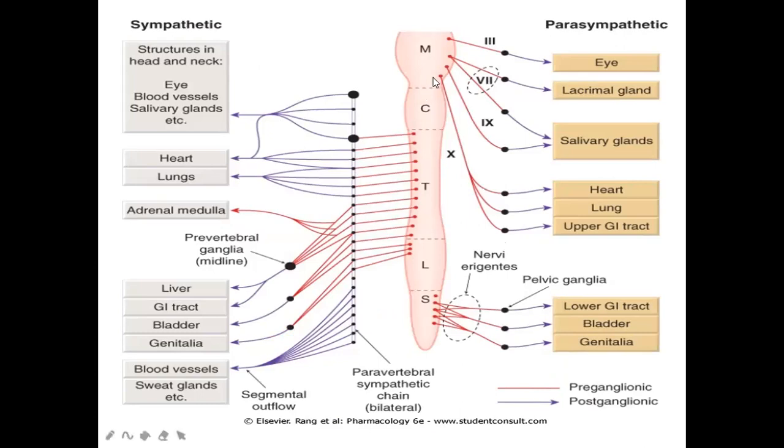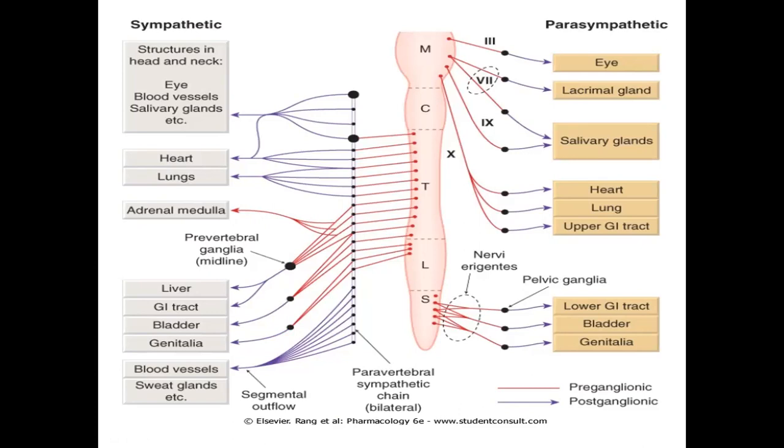That is from the medulla through the third, seventh, ninth, and 10th cranial nerves. It supplies the eye, the lacrimal gland, the salivary gland, the heart, lung, and the upper GIT. When you look at the sacral division, it innervates through the nervi erigentes, through the pelvic ganglia, the lower GIT, the bladder, and the genitalia. So that is the parasympathetic nervous system. It is called the craniosacral outflow.